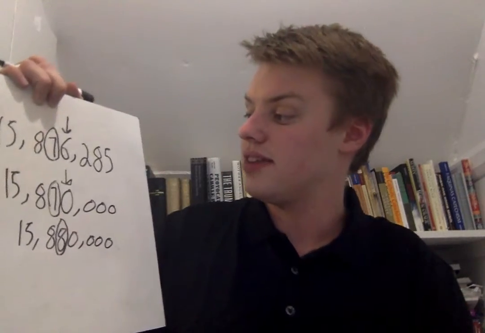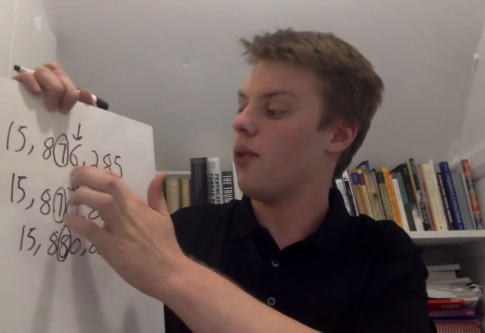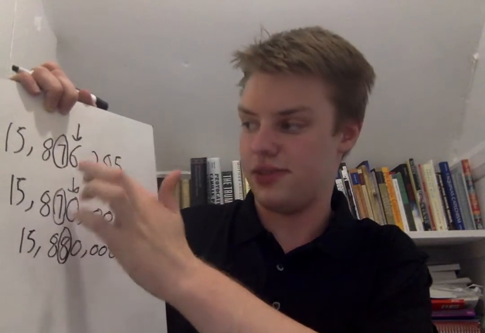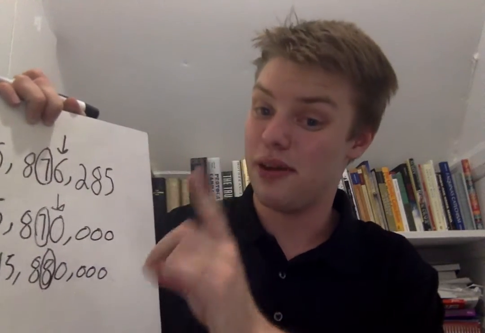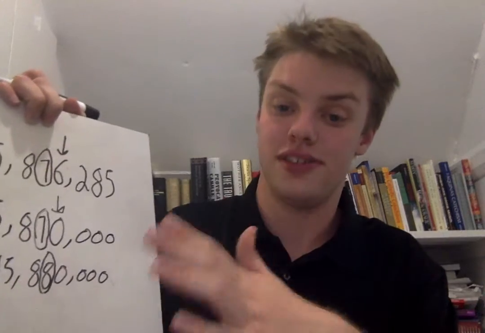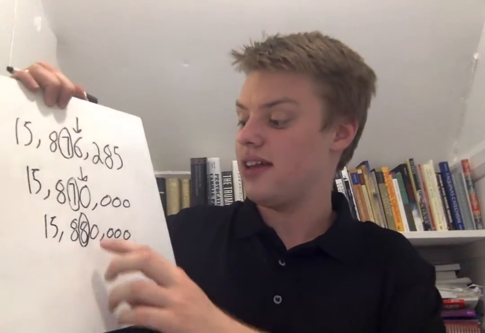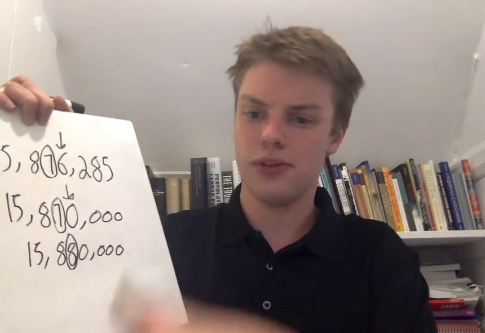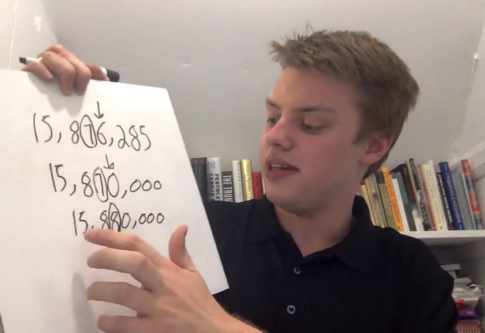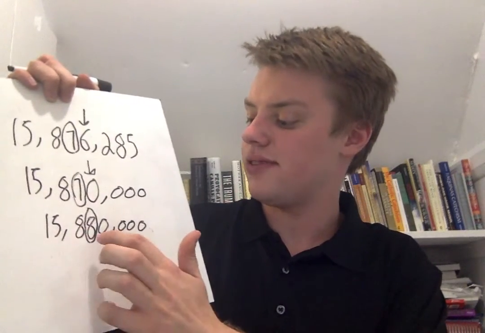So let's say this was a 4, this would just stay a 7. But because it's not below 5, this number's going to go up. We're pushing this up. So it's going to be 15,880,000. It's a much simpler number than the original one we have.